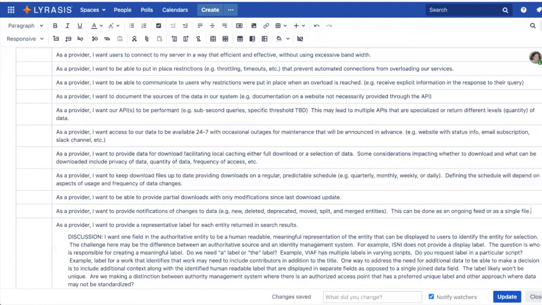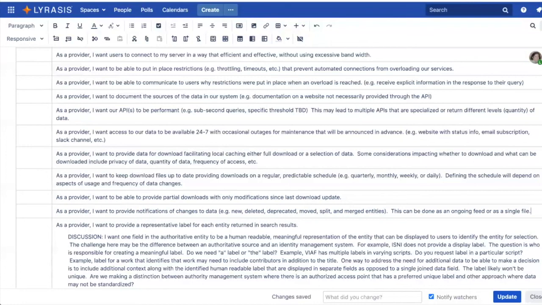Change modification is something that I've had a lot of discussions with folks about as being really important, but not something that is commonly done. I think people come to it later in the process, when they realize there's more of a need for that when they're doing downloads.